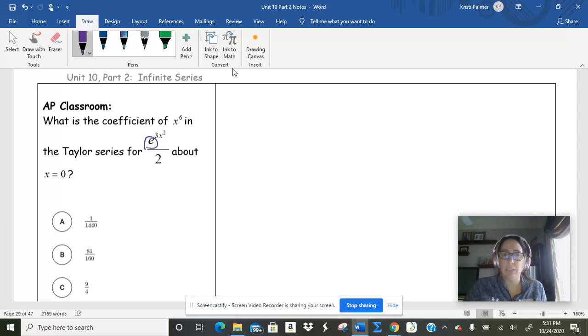First step I would say is write out what E is in general. Then the next step that I would do is to go substitute in. And then the third step is to divide everything through by 2. So let's see how we do. And we got to get out to the x to the 6th term. So start with E. And we don't even need the general term here, so that's nice.